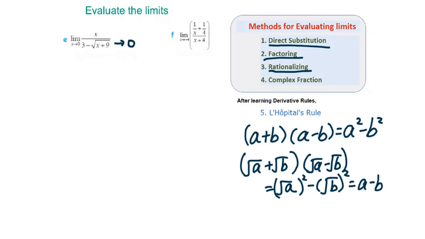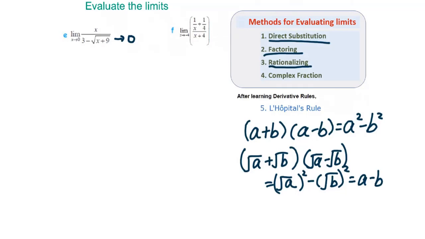We call this rationalizing the square root. In the future, when we deal with complex numbers, we use conjugate multiply to simplify. For example, a plus bi times a minus bi, you will get a squared minus b squared.